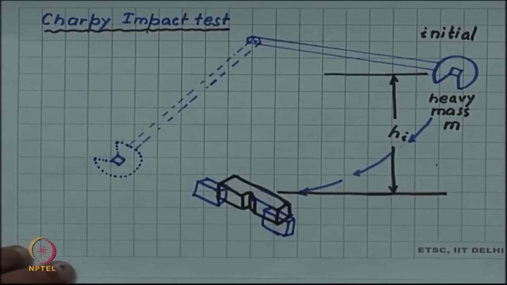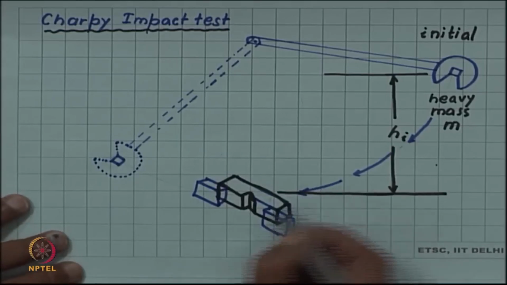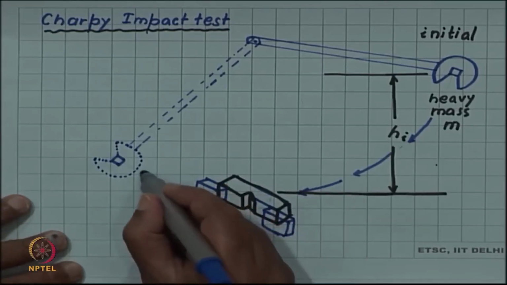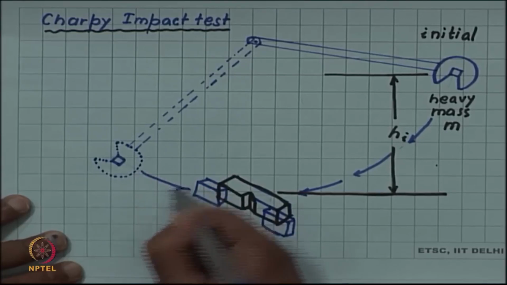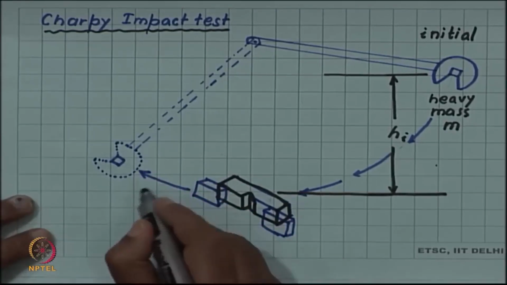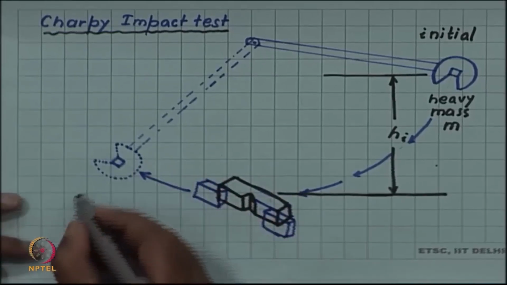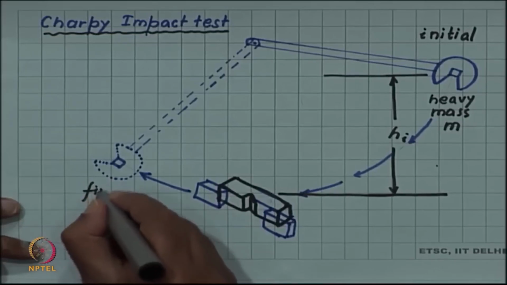The experiments are set up such that the sample breaks. After breaking, the pendulum will continue its motion on the other side and rise up to a final height. So, this is the final situation.